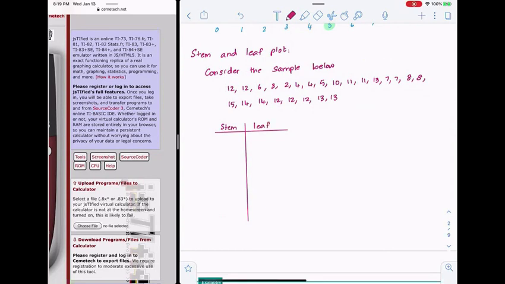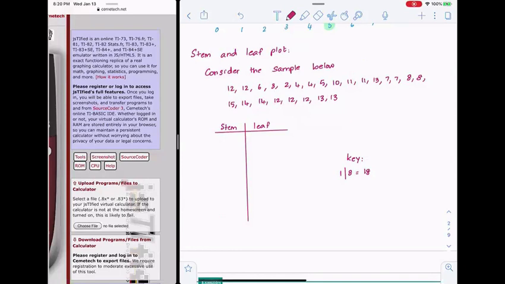So anytime we have a stem and leaf plot, the key thing that we need, again, a play on words, is a key. What is the key? The key is going to tell us how to interpret the data that we see, or the graph that we see. So 1 vertical dash 8 means 18.